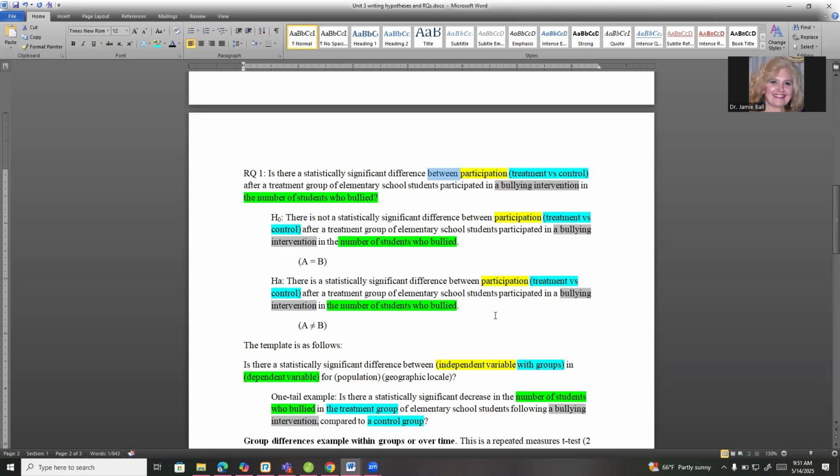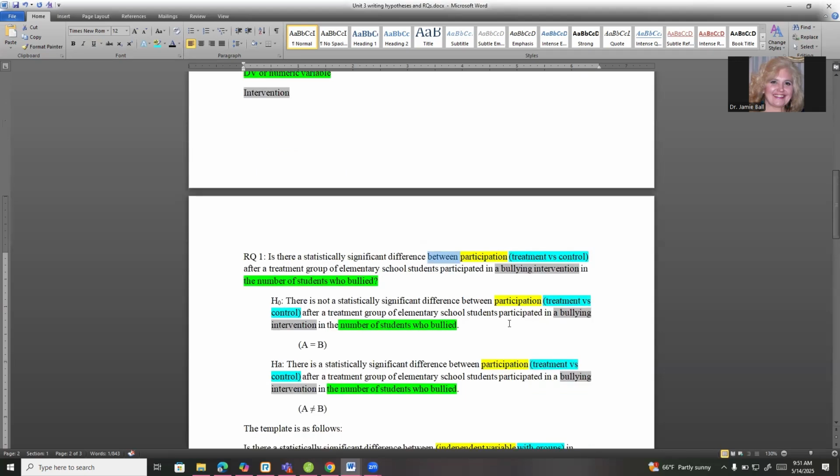Now, when you decide after testing which hypothesis you're going with, there's specific language.